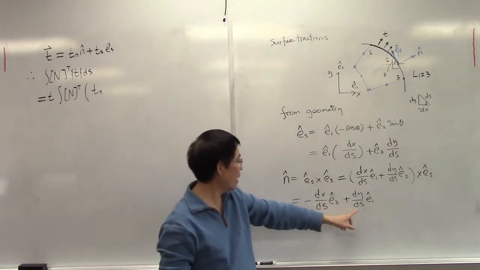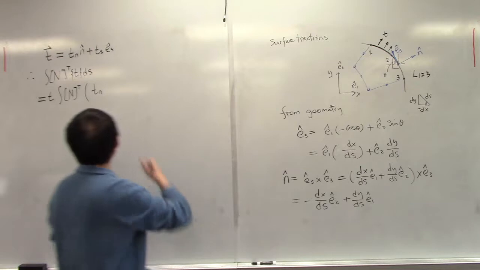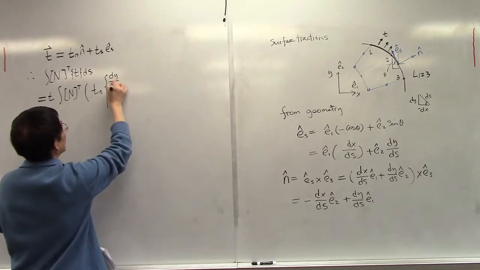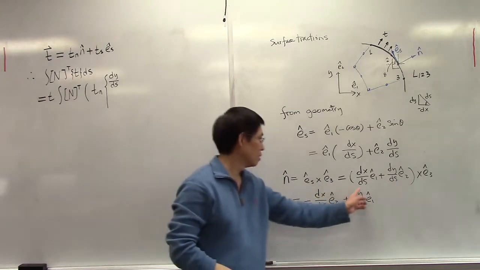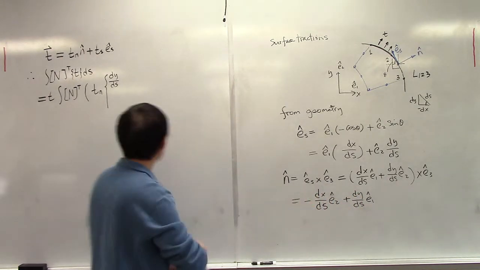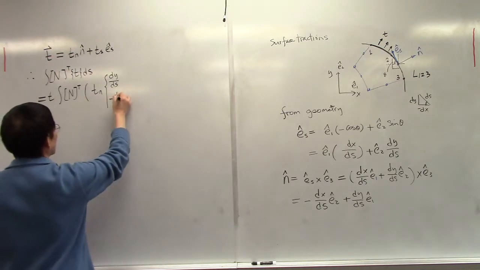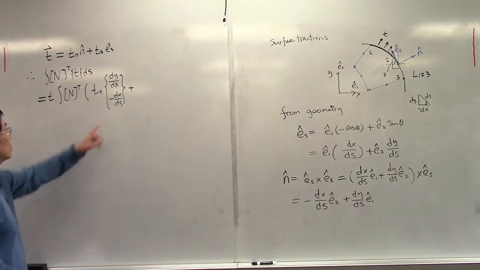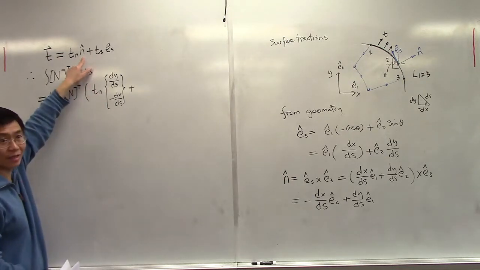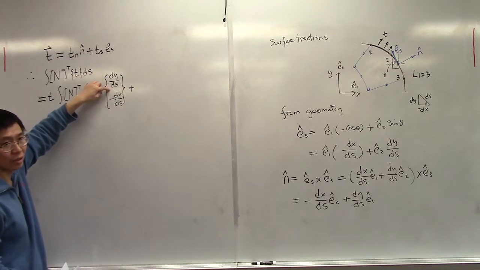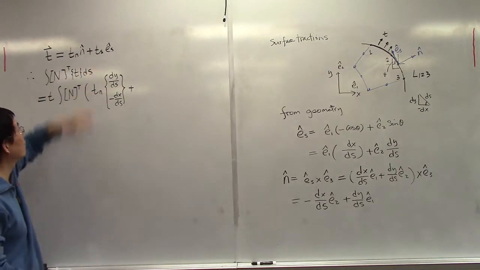It has x component and y component like that. So we can write it in this way. So this is dy ds, which is the x component, and the y component is negative dx ds. Right? So this is the n vector in x and y, the x component of n vector and y component of the n vector.